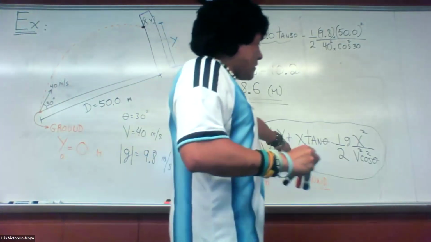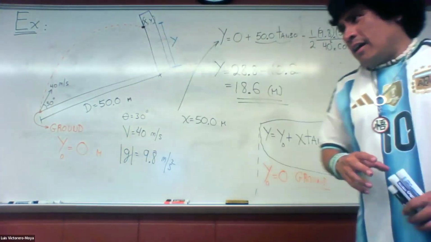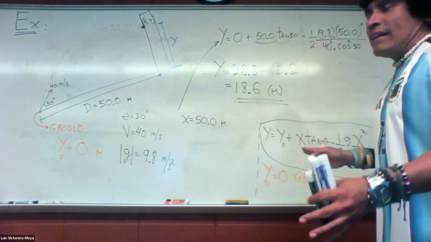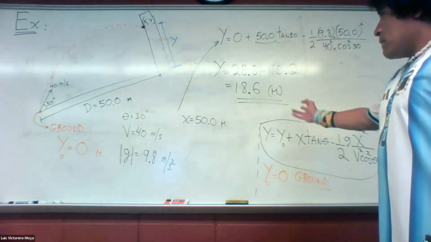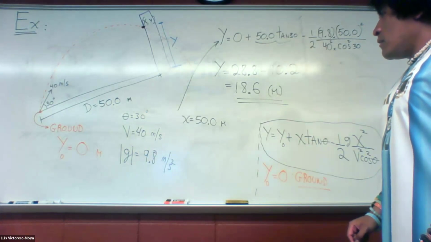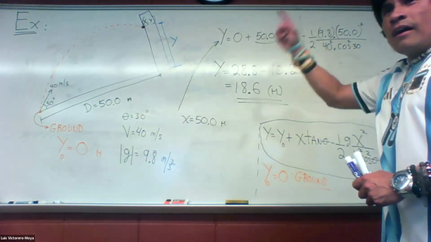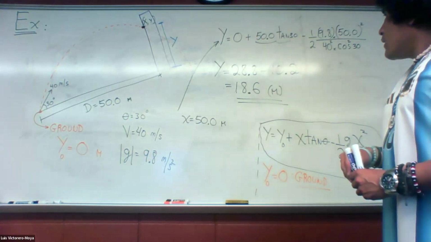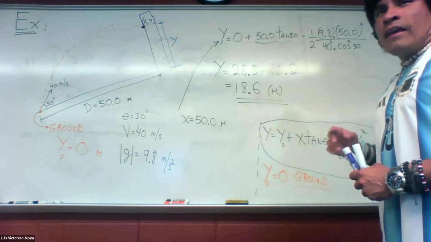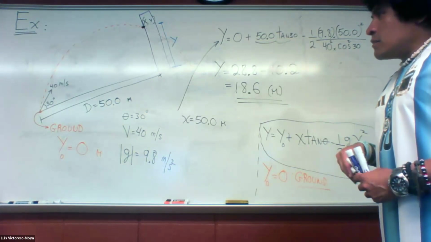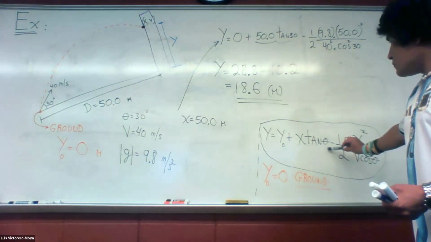This is a very important equation. It's in the textbook, technically. You can actually prove that, but that's basically using the trajectory of the projectile to find any y and x position as a function of v and theta. All right?